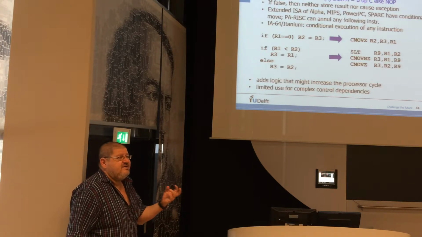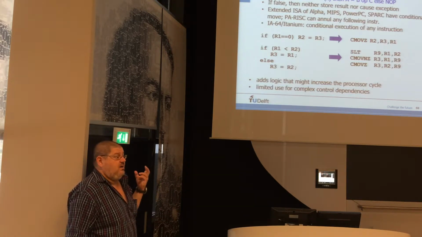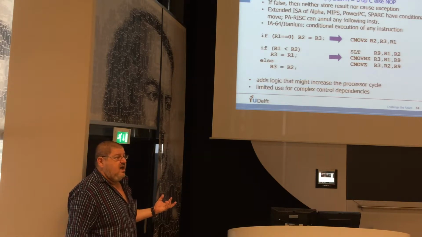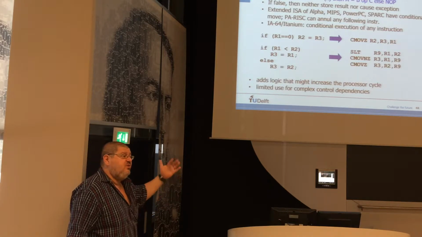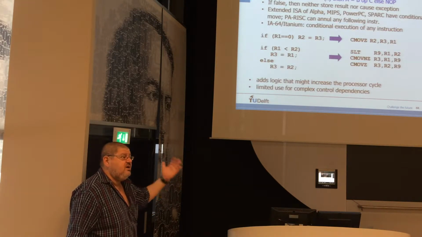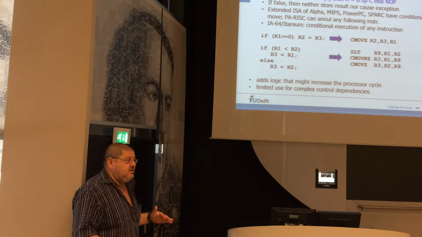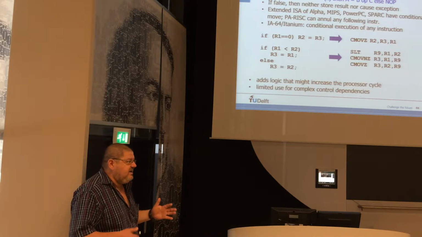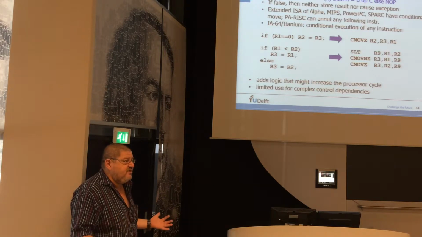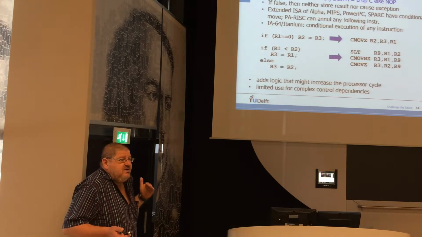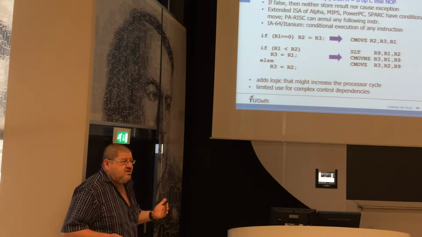This is called conditional execution or predicated execution. Then you add an extra operand to the instruction, and if that operand assumes a certain value, the instruction will be executed. Otherwise, it will be a NOP. Then nothing will happen. Why is that good? Because I'm not creating any kind of problems with decision. I don't have to predict branches. I'm just executing an instruction, and if the condition for the instruction is okay, it will execute.